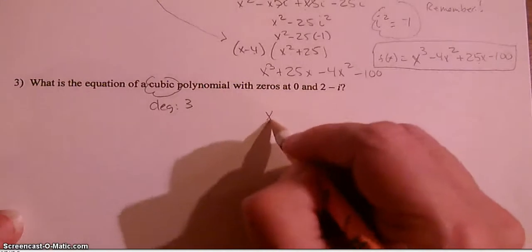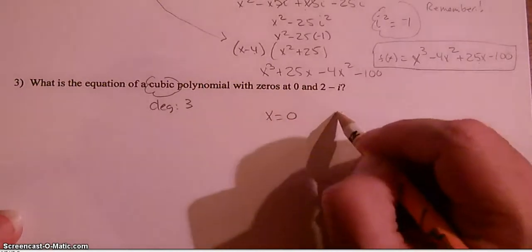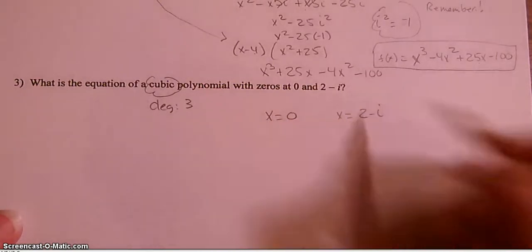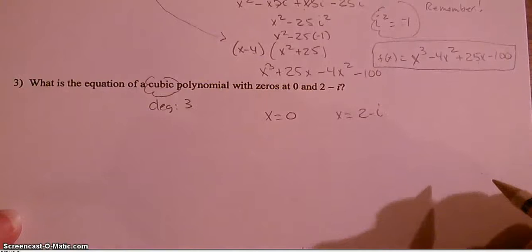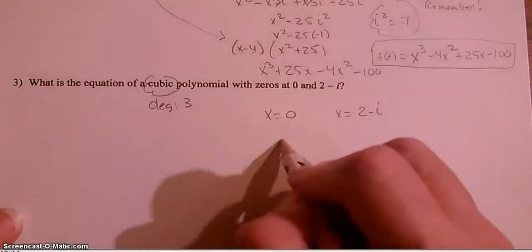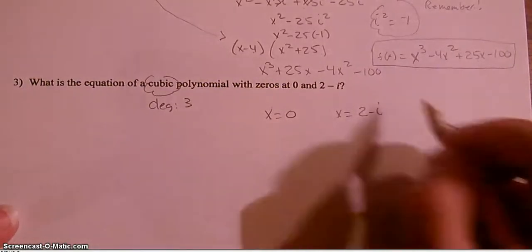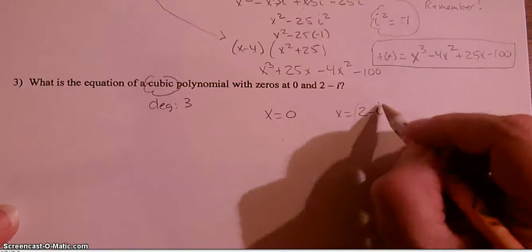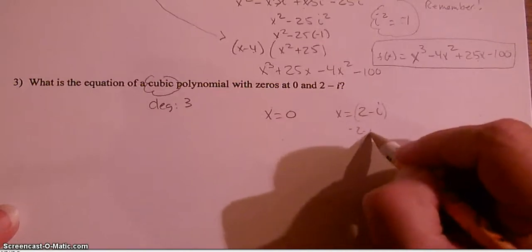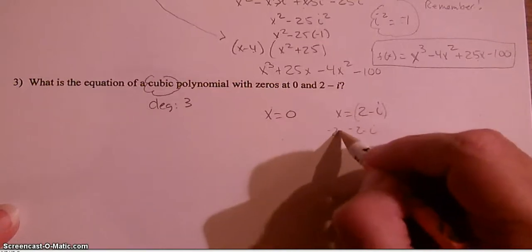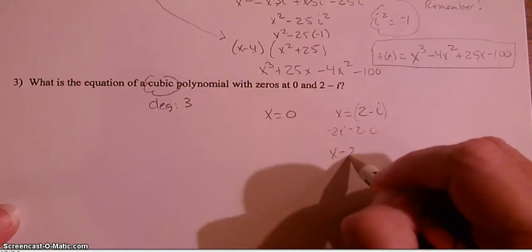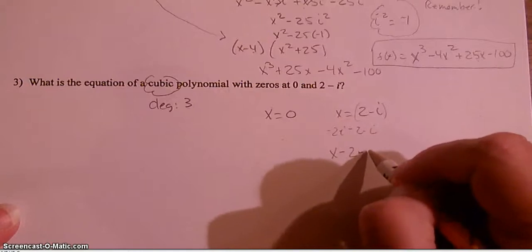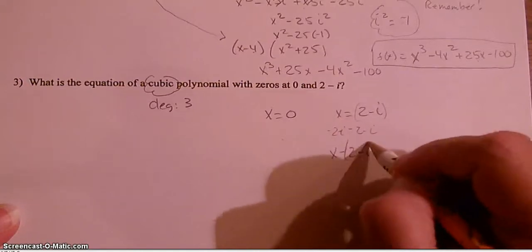So I know that I have x equals 0 and then x equals 2 minus i. So that also tells me that if I know this is just x, then I'm also going to have, if I subtract this out, x minus 2 minus i.